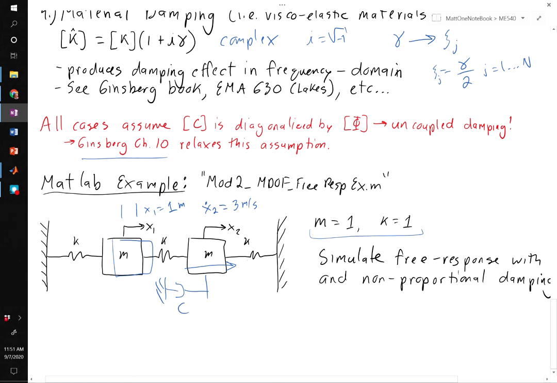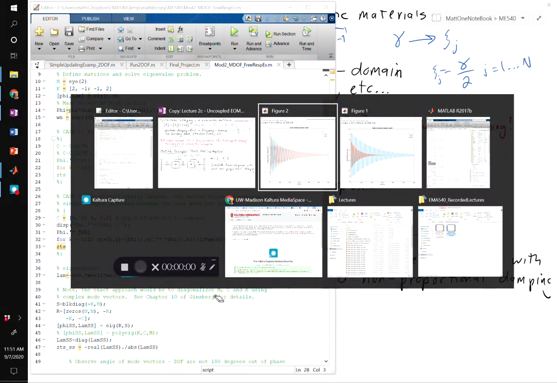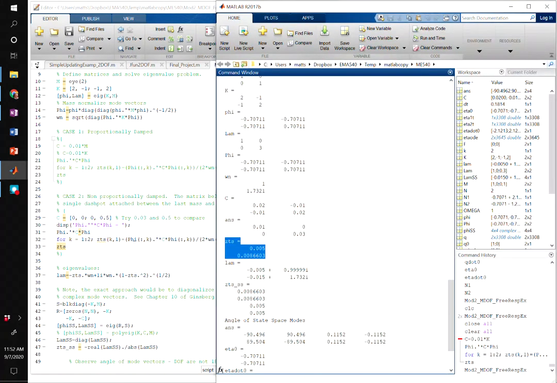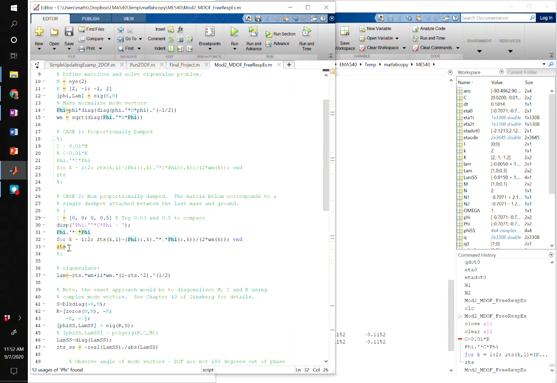Or I guess I could have put it over here, actually. So anyway, that's the case that we're solving here. And we'll calculate the damping ratios and we'll see what the response looks like.